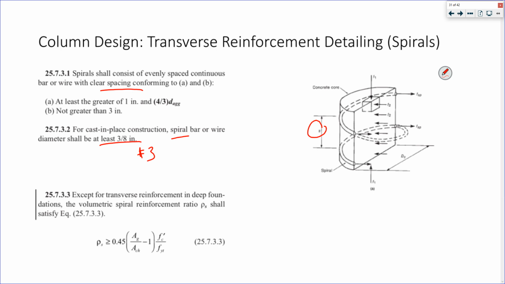So let's talk about the column design process. You're going to select material properties, or they might be given to you, right, F prime C and Fy, and a trial reinforcement ratio, which we said needs to be between 1 and 3%.